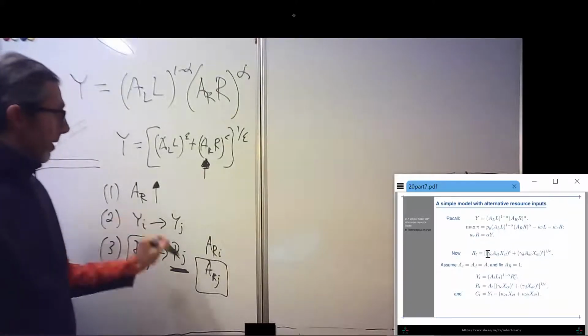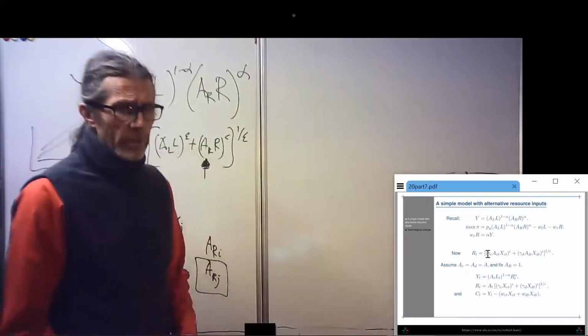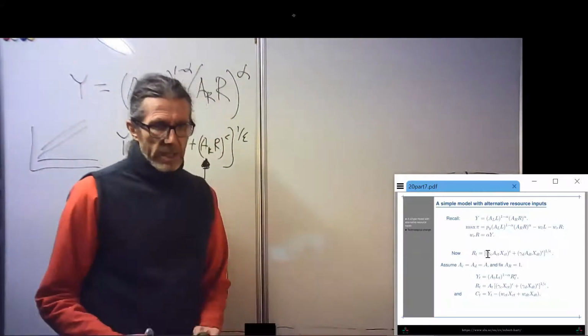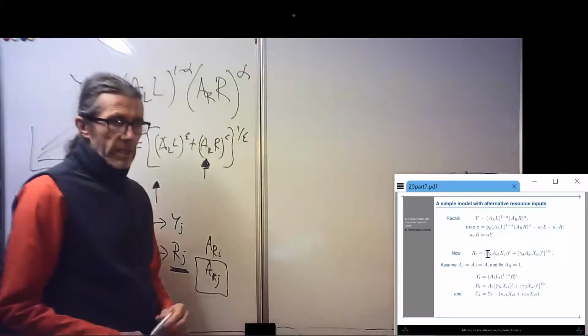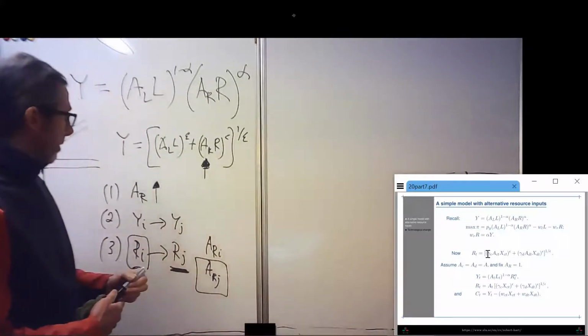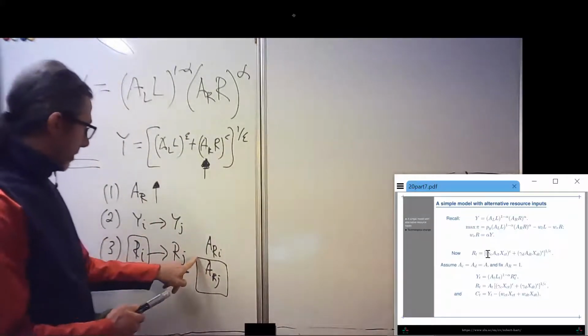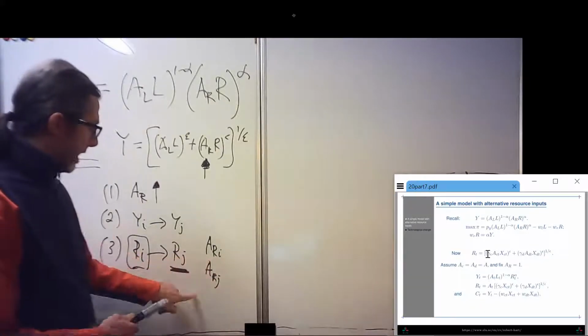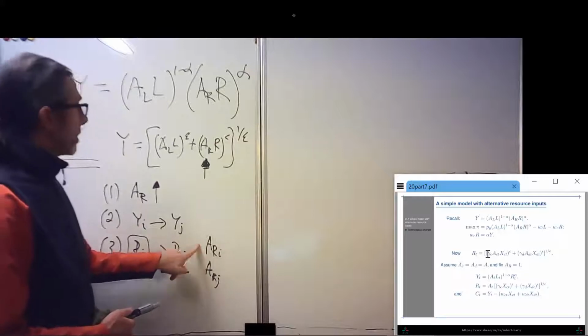So how do we model that? That's what this lecture's about. And initially, what we're going to do is look at a super simple model where we don't focus on ARi and ARj, or we keep these constant.